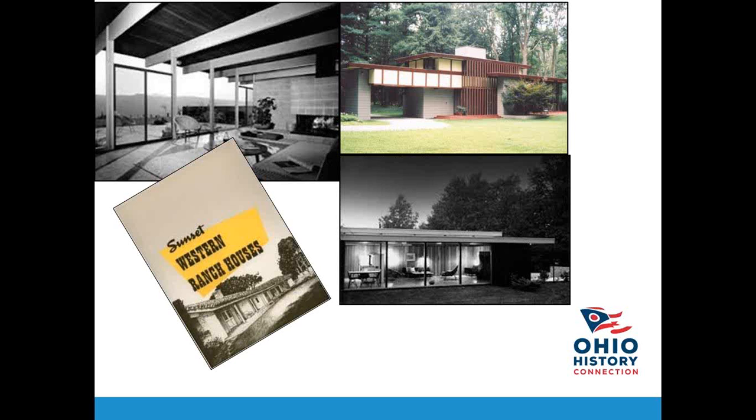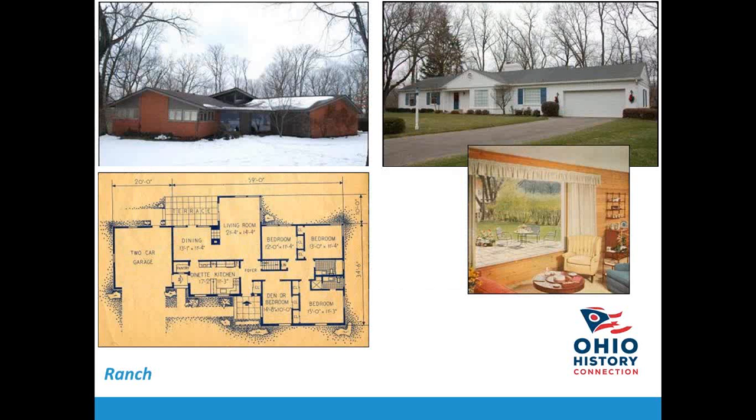So the reality of the ranch is a much more mainstream popular version of post-war housing. The ranch house type, which defines, along with the Cape Cod and split level, the suburban development of post-war America and certainly Ohio.